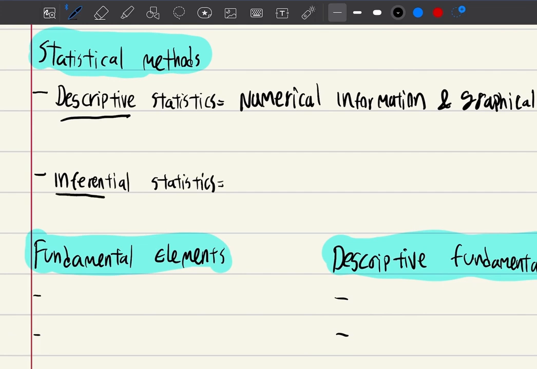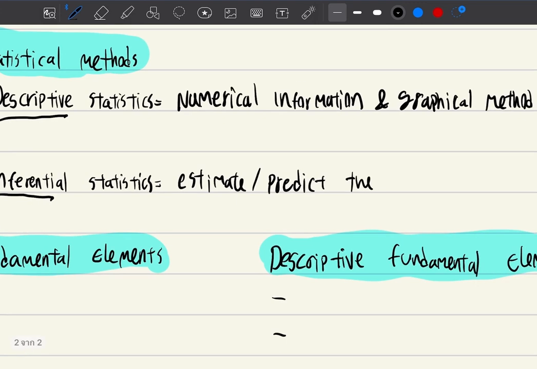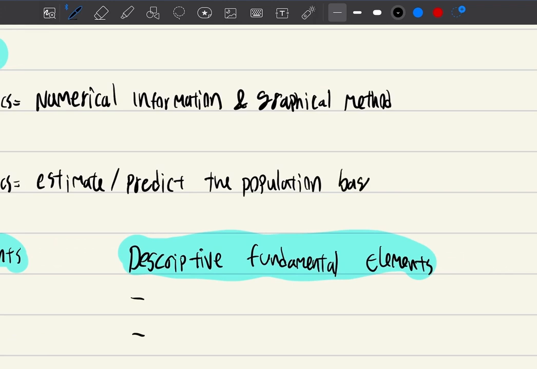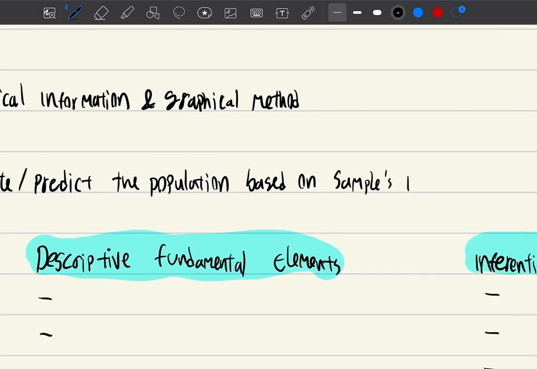For the inferential, it's the conclusion of the sample's information to estimate and/or predict the population based on sample information.